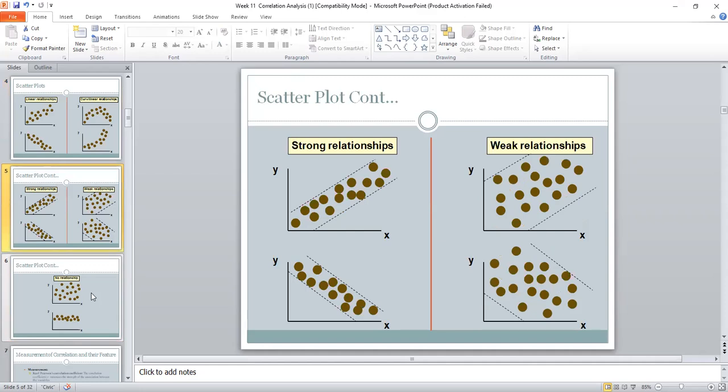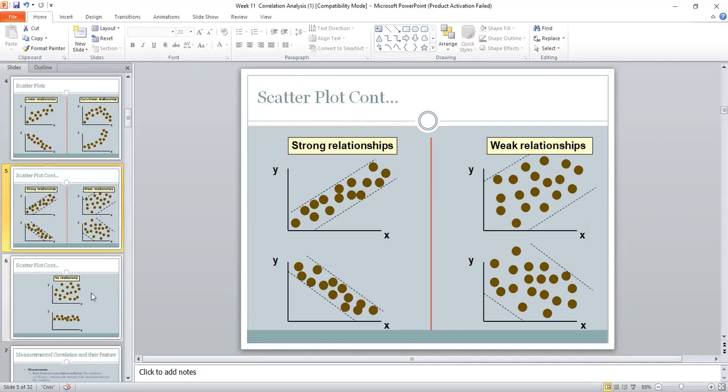So you can have strongly positively correlated, which is on the left, up there, or weakly positively correlated. The lower one, strongly negatively correlated and weakly negatively correlated on the right. So you can measure strength.